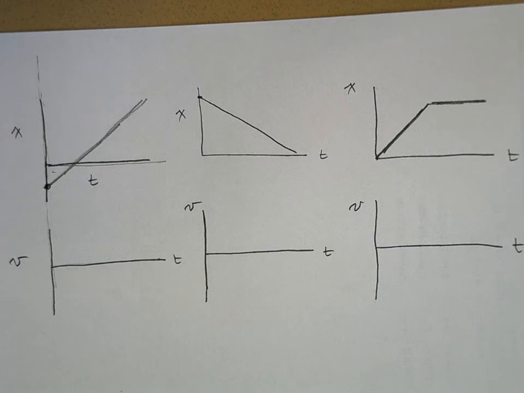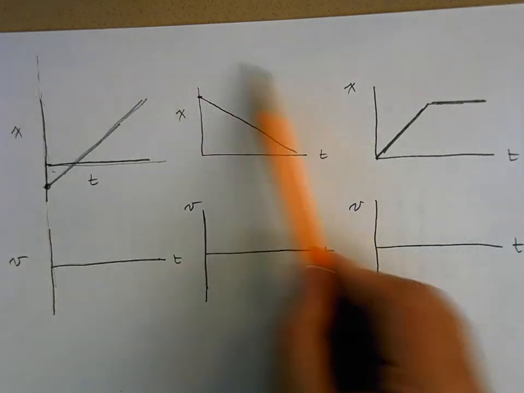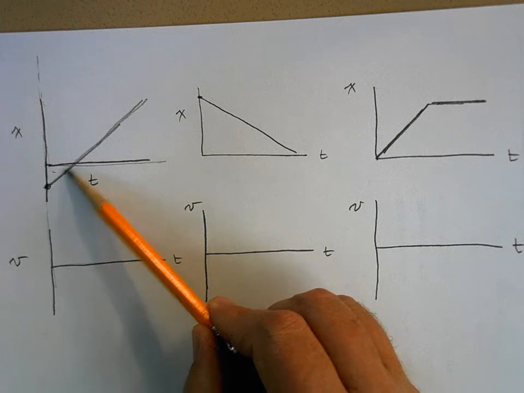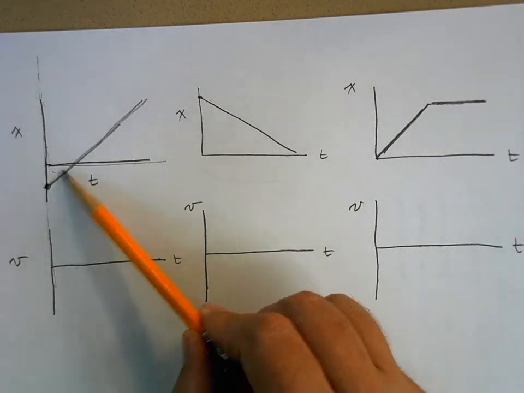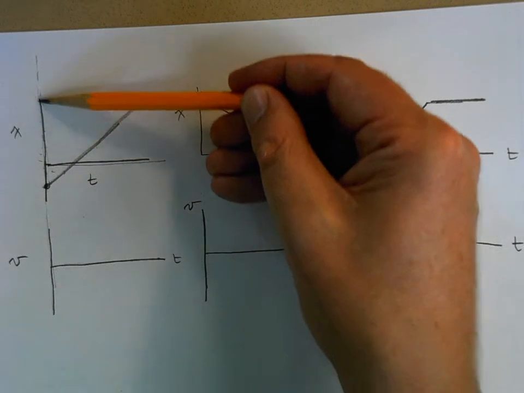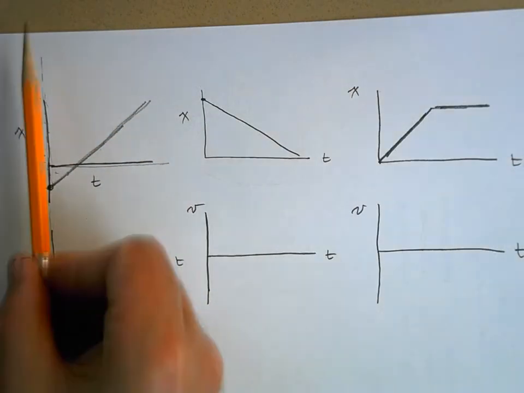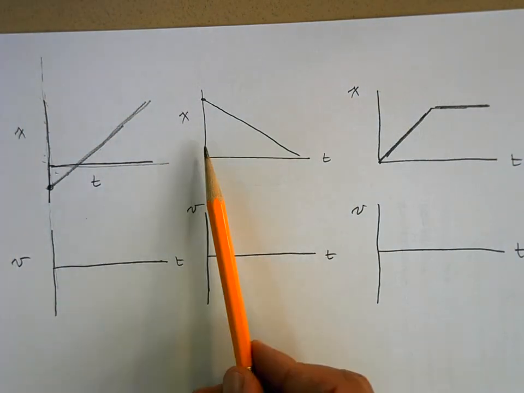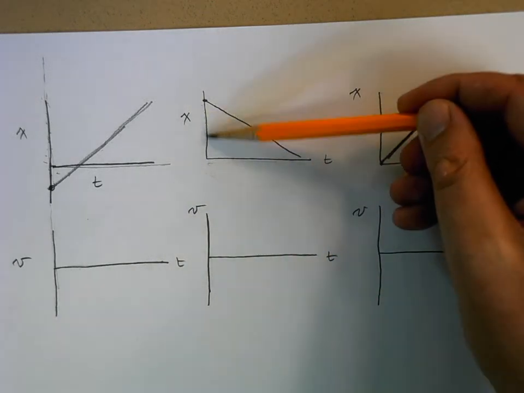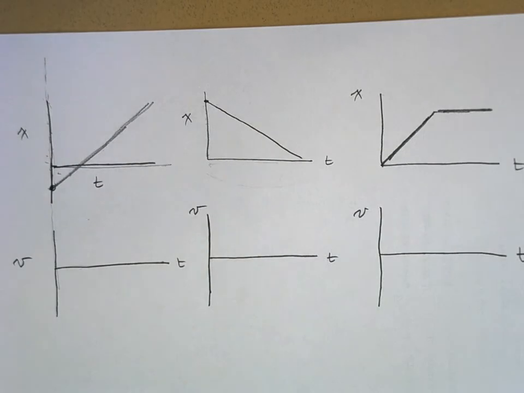No. And on this one, think about the slope. Here, my object was moving along the x-axis in a positive direction. But on this, as time goes by, the object is moving in a negative direction.